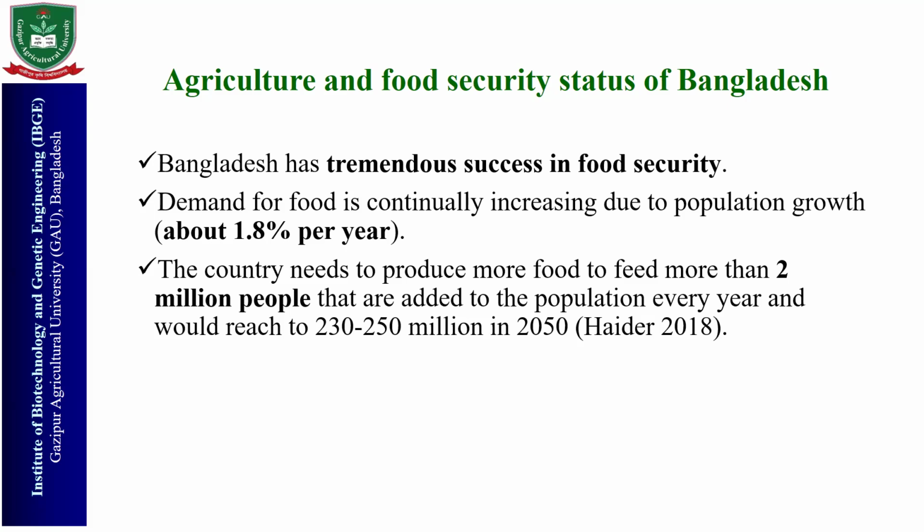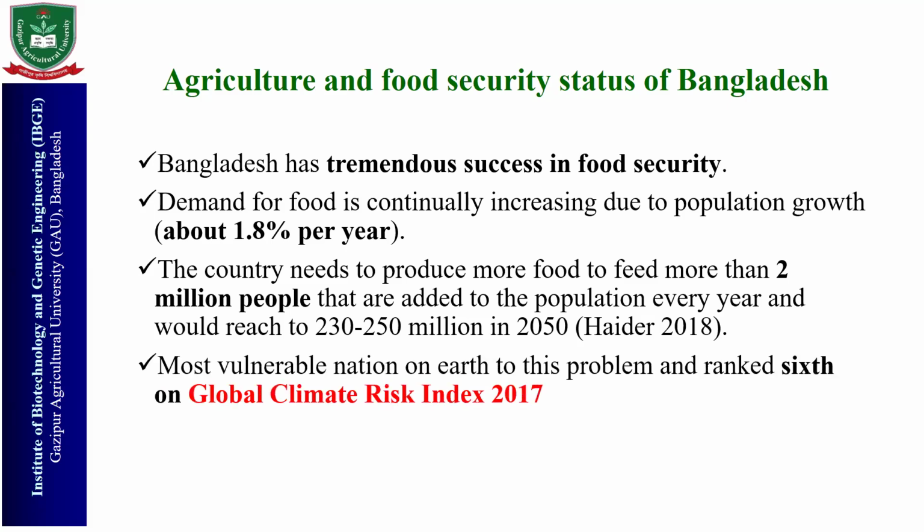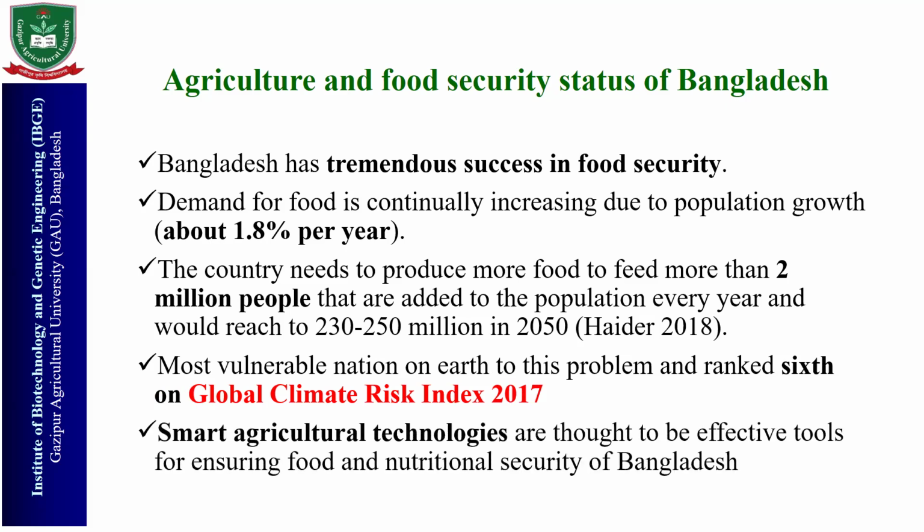So it would be a really big challenge, and we need to increase food production by nearly 100%. Bangladesh is considered the most vulnerable country to global climate risk, according to the Global Climate Risk Index. And in this situation, what can we do?